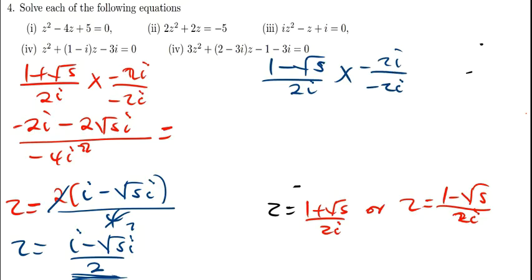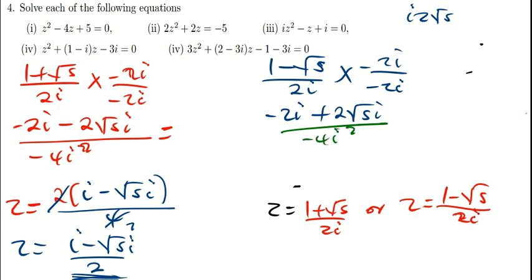So if I do times, I'll have negative 2i. Again, here is going to be plus 2. You can say 2i times, if we say 2 this, it's the same thing. Even if you write it as this, i root of 5, it's the same thing. But the best way to write a complex number is this. I divide this by i squared, that one is going to be negative 4i squared, like that.